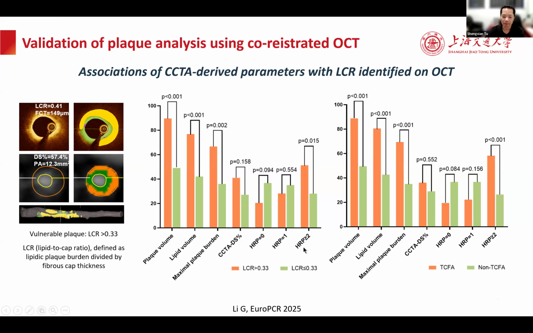If you have more than two features, it also predicts the lipid to cap ratio vulnerable plaque. The right side shows TCFA has a similar trend. So in this study, we found that in the AI-based CT analysis, plaque burden is still a good predictor, and so is the lipid volume.